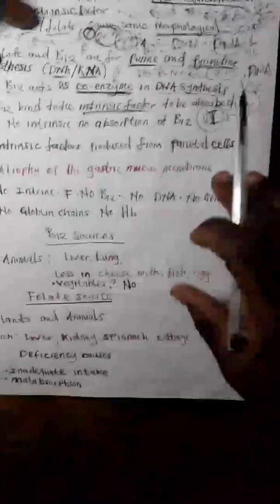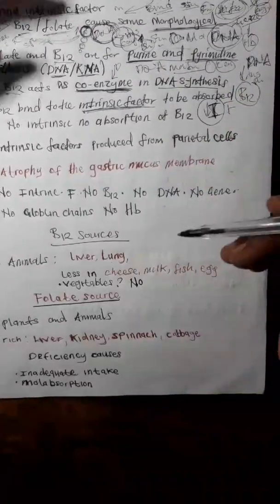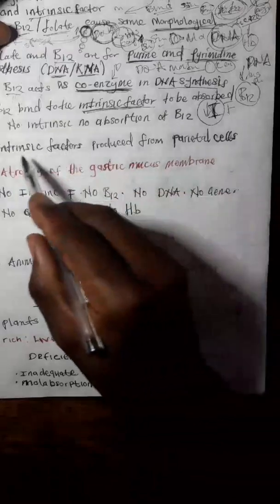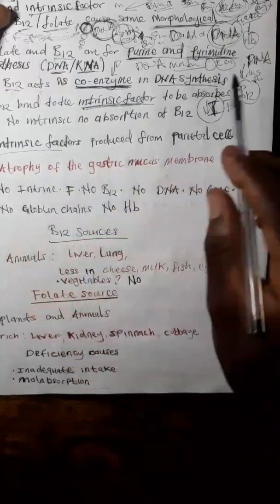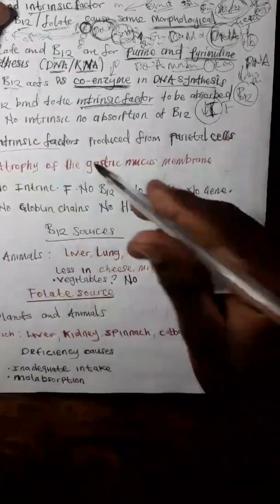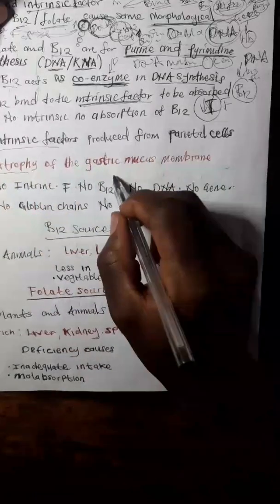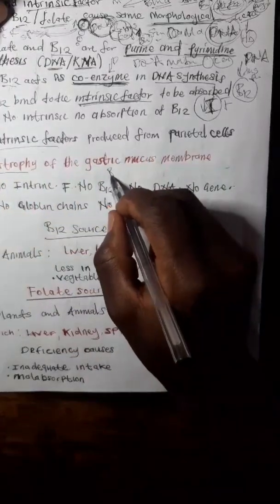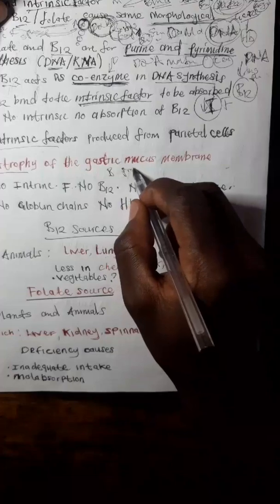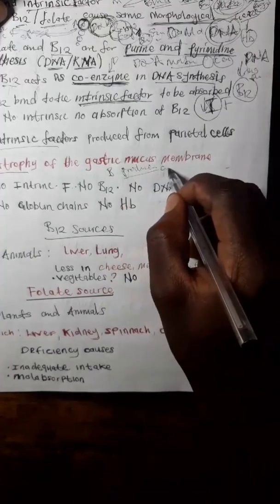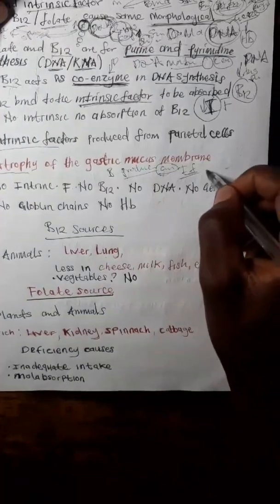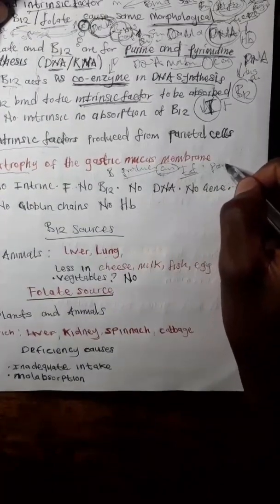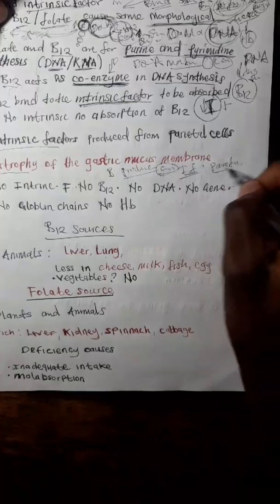Okay, so now what can cause the deficiency in the intrinsic factor? Well, one of them is the atrophy of the gastric mucous membrane, where the mucous membrane is not producing the cells that are responsible for intrinsic factor production. Basically, these cells are parietal cells.